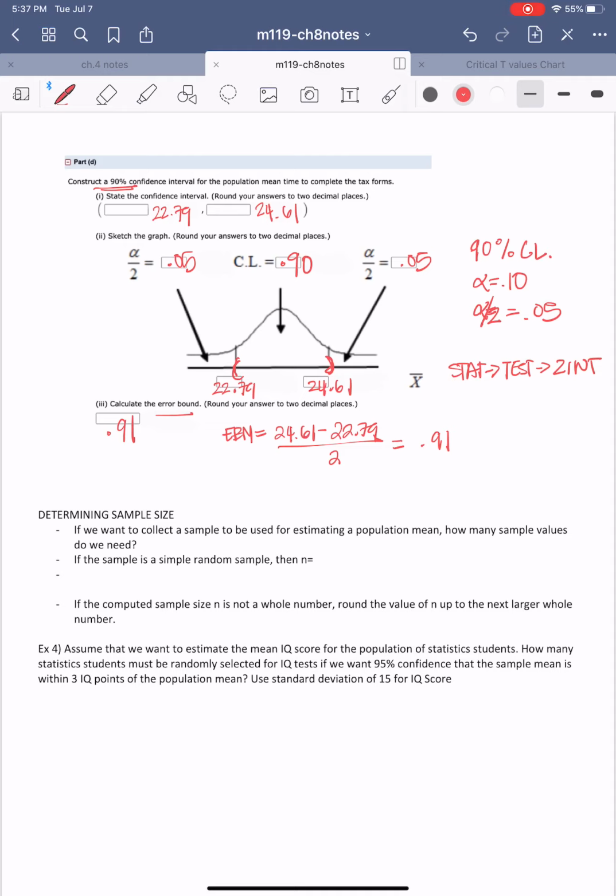And we'll repeat this concept in chapters 8.2 and 8.3, but switching from the mean with sigma known to sigma unknown, and then the parameter switches from mean to proportion. The last part is determining the sample size. If you want to collect a sample to be used to estimate the population mean, how many sample values do we need?